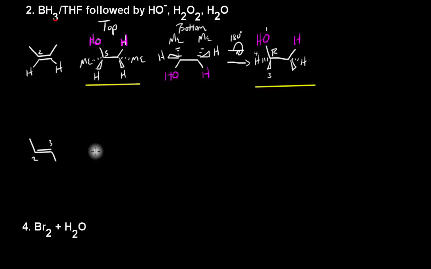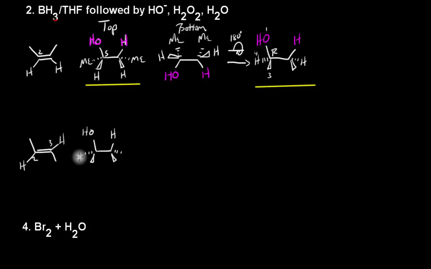Alright, so in this case, we're going to get either the hydroxy on top, so OH and H, and in that case we're going to have the methyl group facing either back or forward depending on how you want to orient yourself. The issue here is that you make sure that since the methyl groups begin as trans, they also end as trans. So let's say we have a hydrogen coming down and hydrogen coming up.